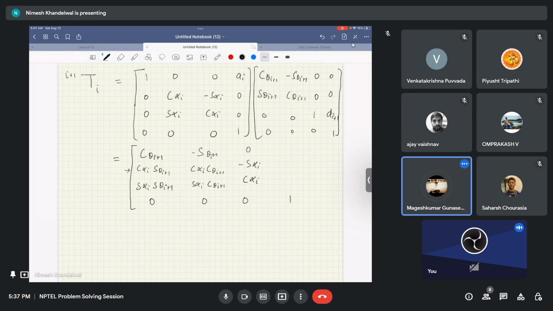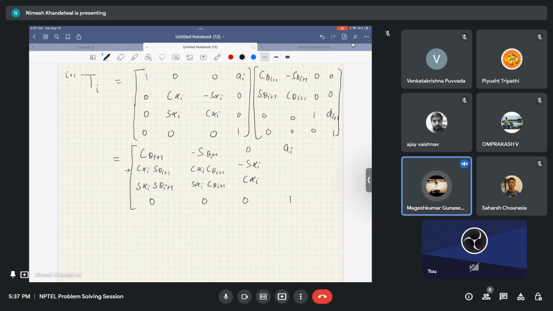And what will be the final column? The final column will be a I, 0, 0.